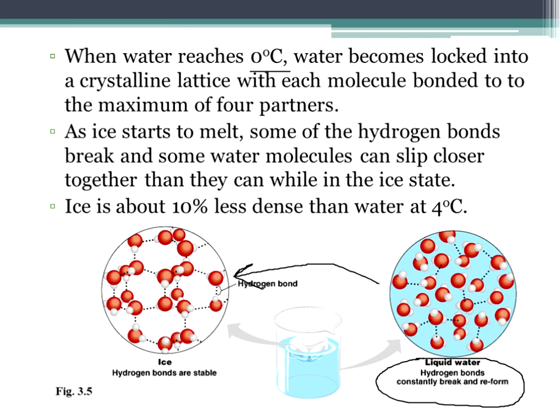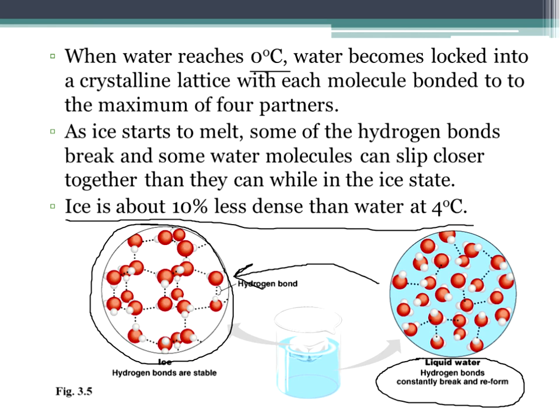When water reaches 0, water becomes locked into a crystal lattice state. And each molecule is bonded to a maximum of 4 other molecules. As it melts, the bonds break and some of the water molecules can slip closer to each other. And ice is about 10% less dense.